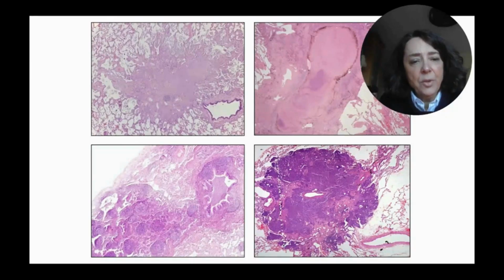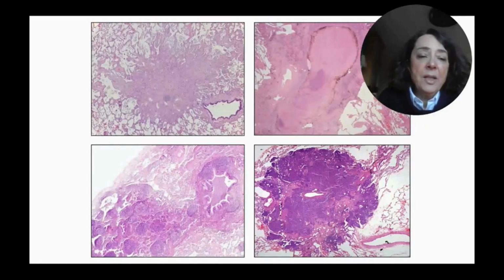So it's a rheumatoid nodule. The lower left is a follicular bronchiolitis. This is an entity that, in my experience, is diagnosed by the radiologists very well, because of the radiologic pattern. And it's very nice to see in the biopsy, because you see these aggregates of lymphocytes.